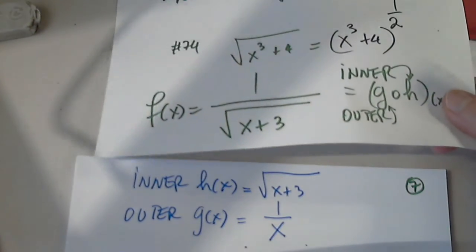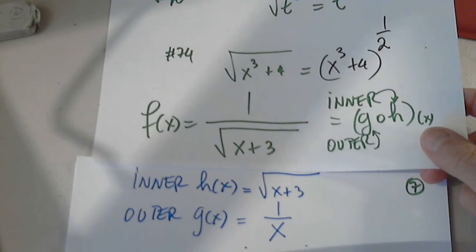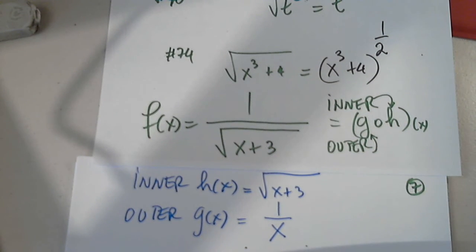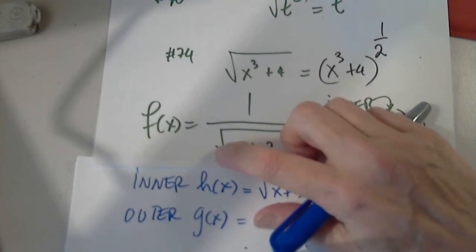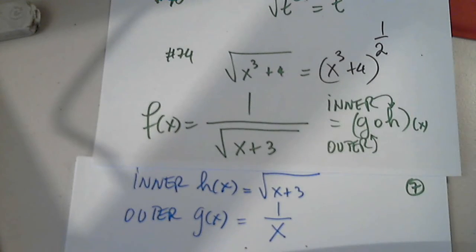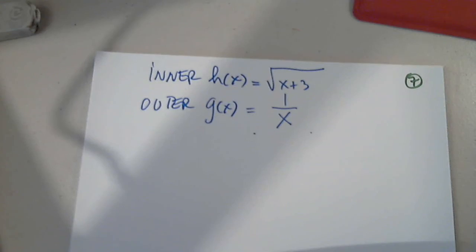Well done. We need this for the chain rule. Extremely important to be able to decompose the function. Yes, you can say these are 3 functions. I would have to agree. This is function 1, this is function 2, and this is function 3. But I only needed a warm-up just to decompose it into 2 functions. That's okay.